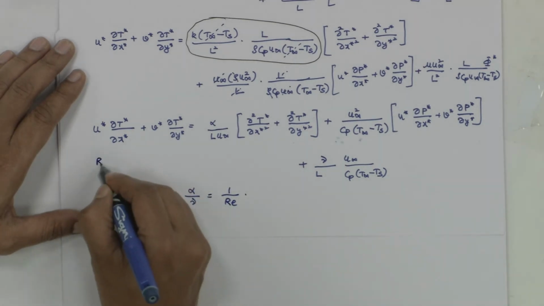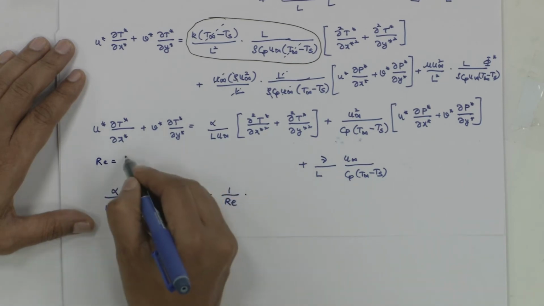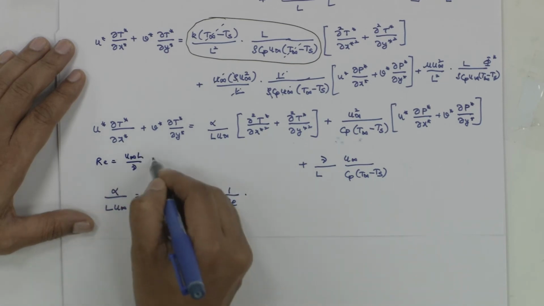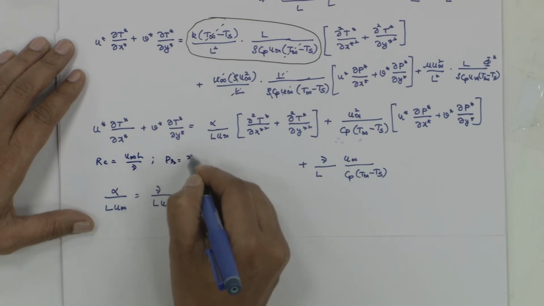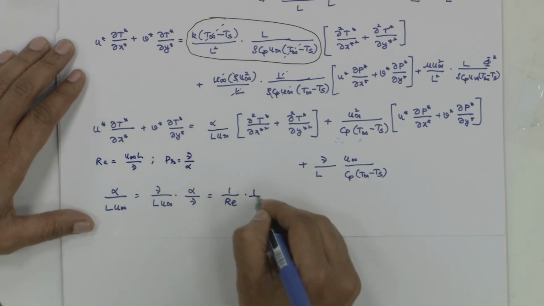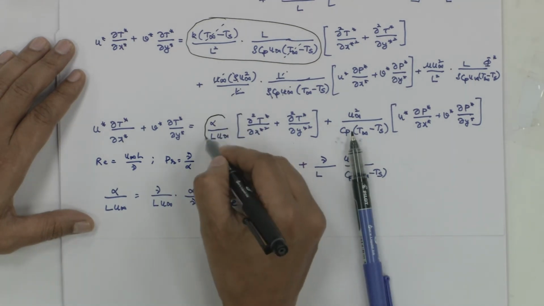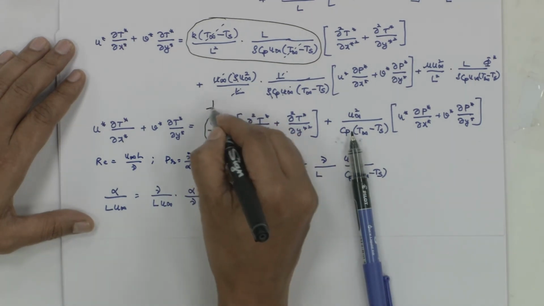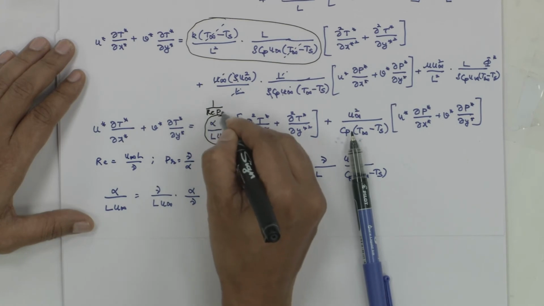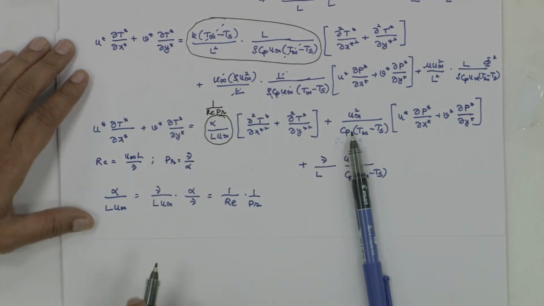Re is equal to u infinity L by nu. Prandtl number is nu by alpha, because of which this becomes 1 by Prandtl number. So the whole of this term becomes 1 by Re Prandtl number, right.